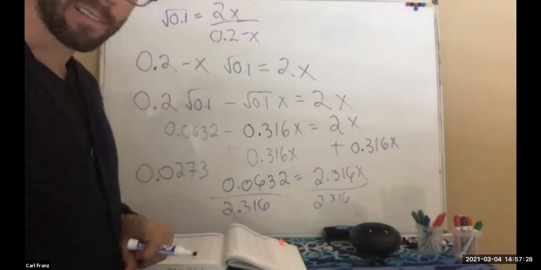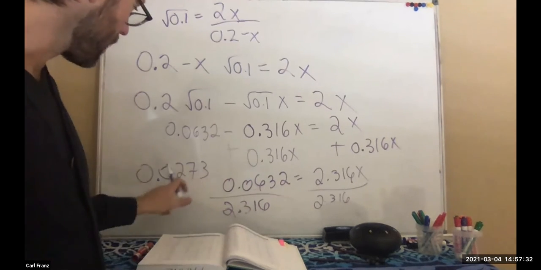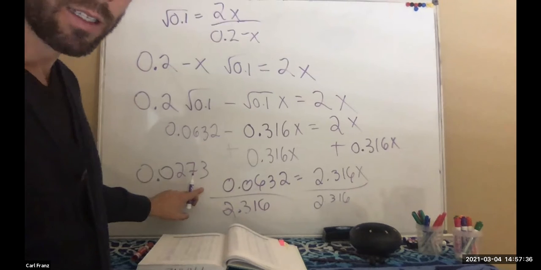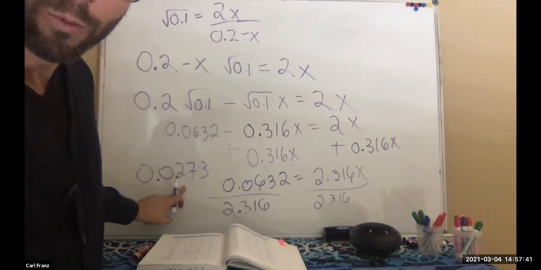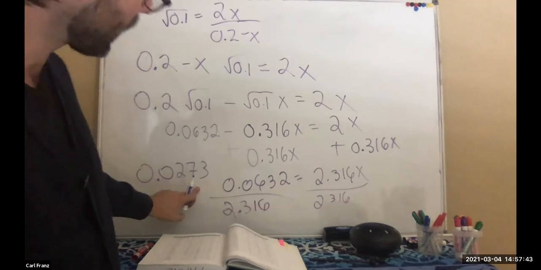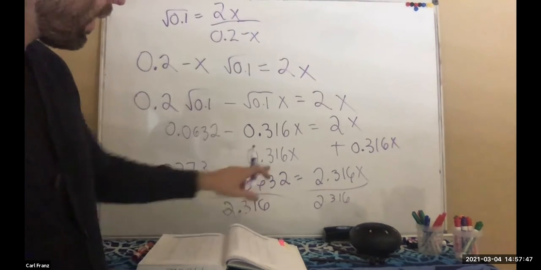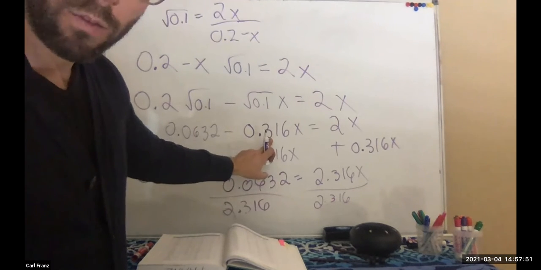Yep, that's pretty close. 0.0269 is 0.027 if you round it. So something's off a little bit, and I don't know where that happened. It might be the sig figs that people did for the square root.